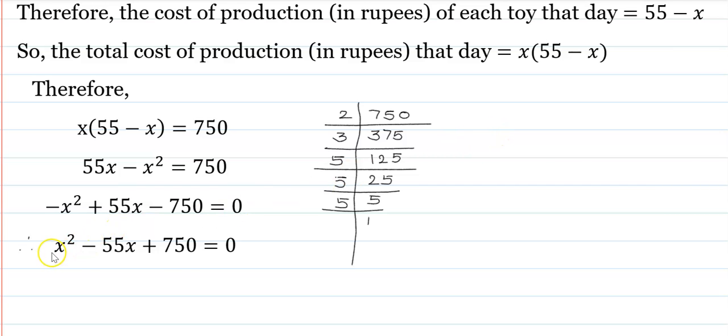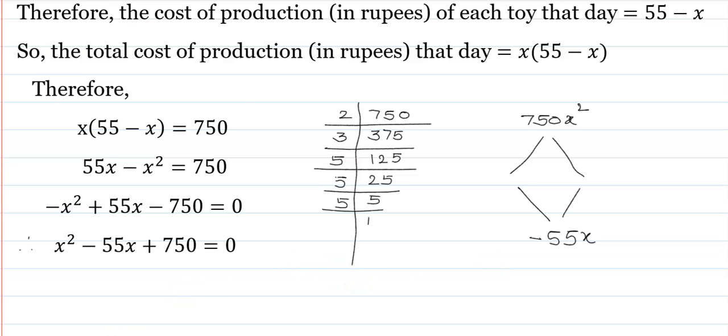It means that the product of first and last, we require 750. Therefore, here is 750x square. Okay. And here the middle term is minus 55x.